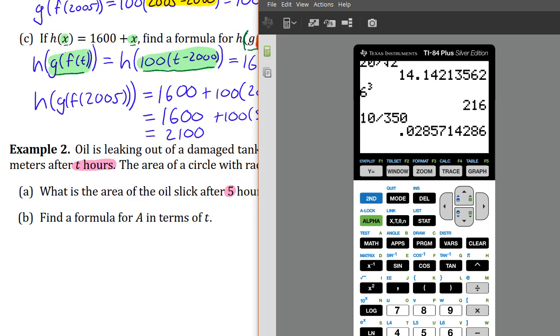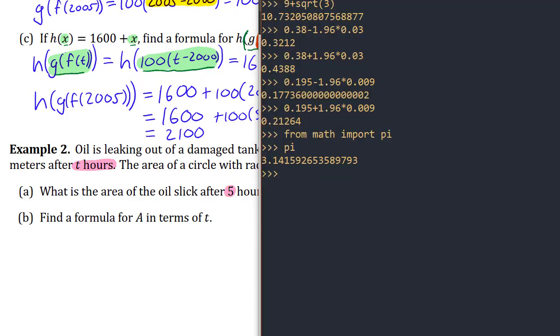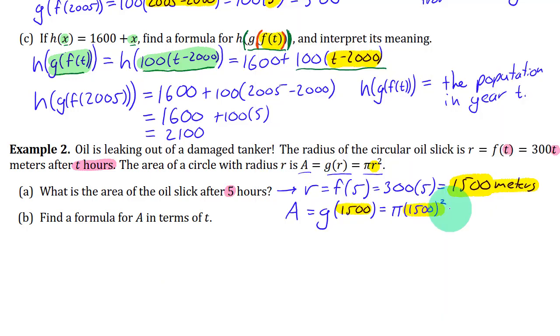Hang on a second. Alright, so if you do pi times 1,500 squared, you'll get 7,068,583 square meters as the result of that.